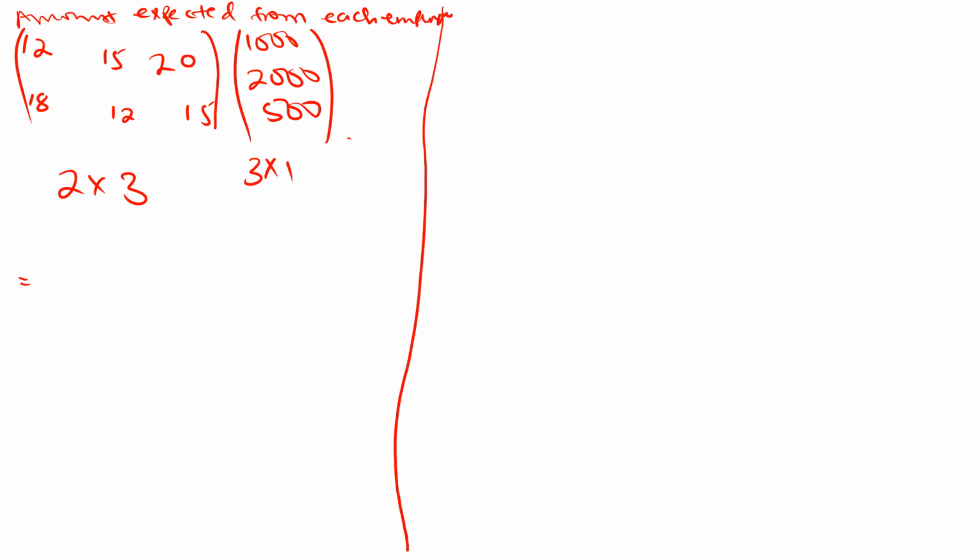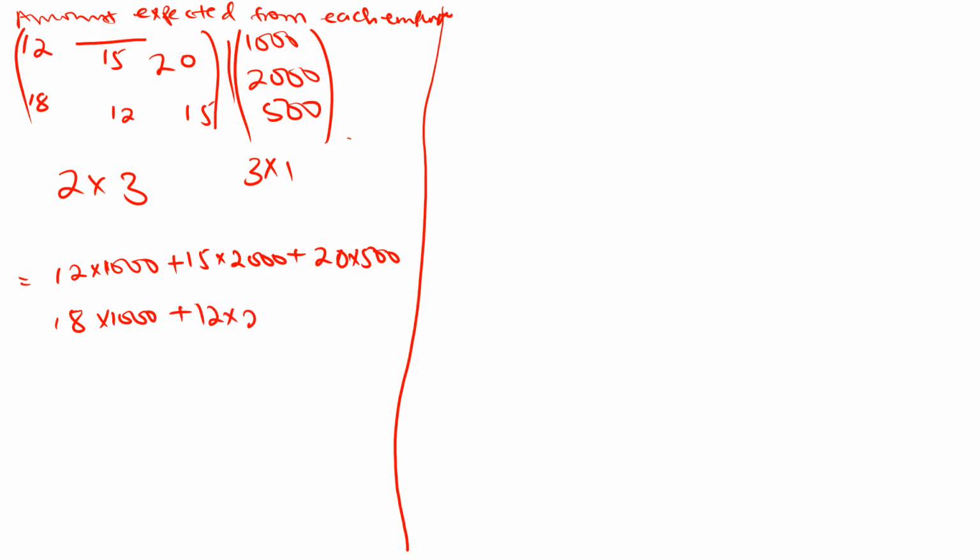So come and say 12 times 1000. Remember, we multiply row by column. So it is 12 times 1000, plus 15 times 2000, plus 20 times 500. And then here also, 18 times 1,000 plus 12 times 2,000, plus 15 times 500.